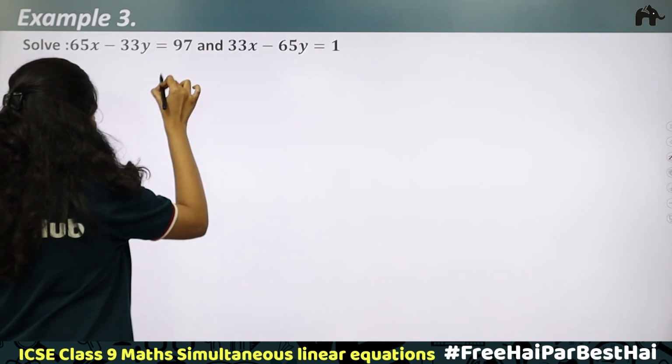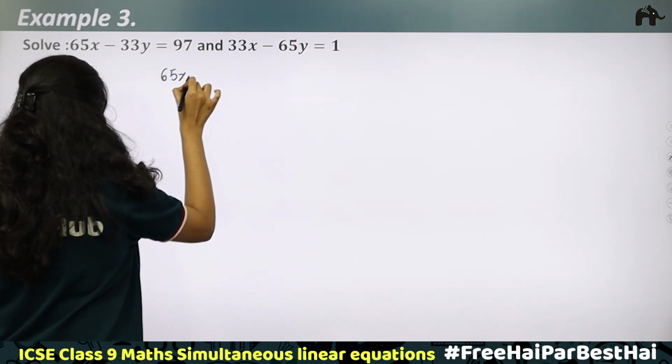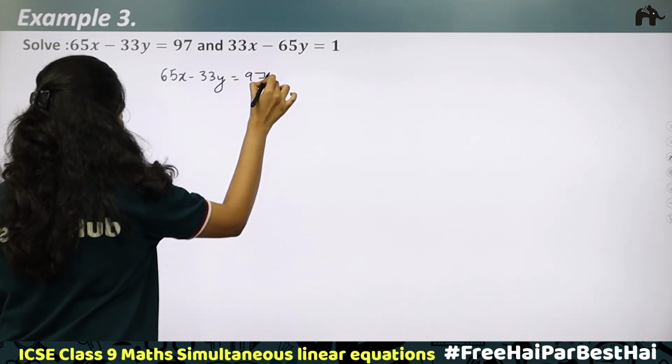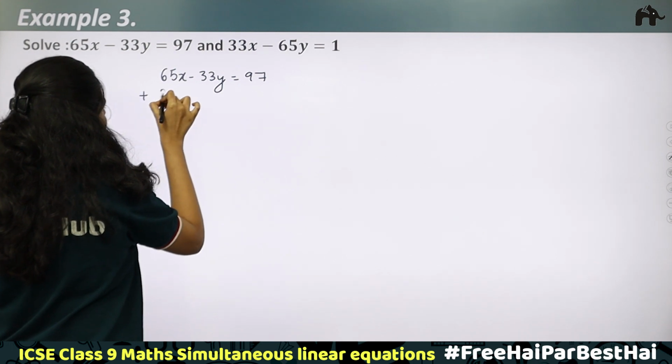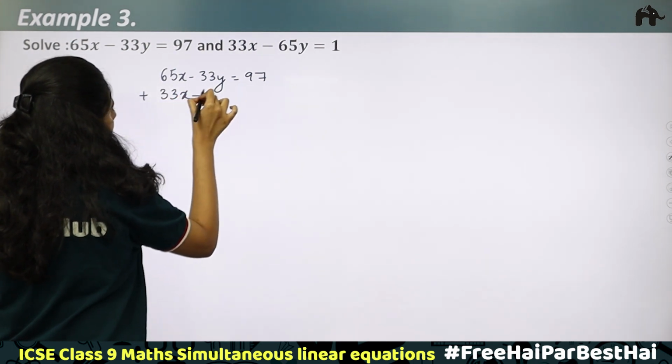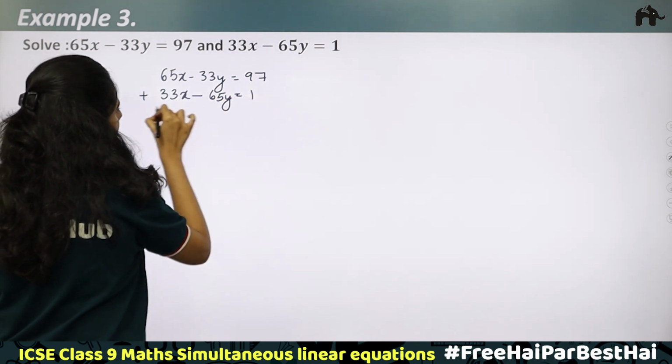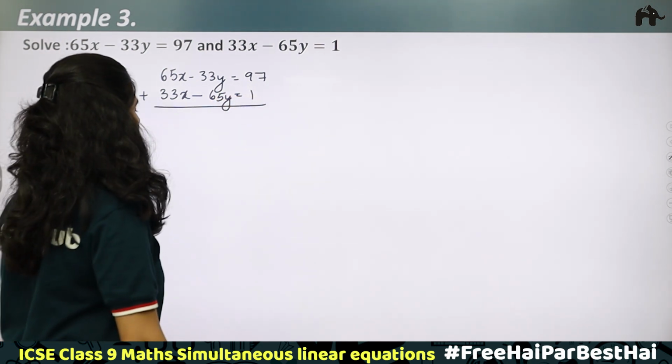So, first equation 65x minus 33y is equal to 97 plus 33x minus 65y is equal to 1. What do we get on adding the first and second equations?